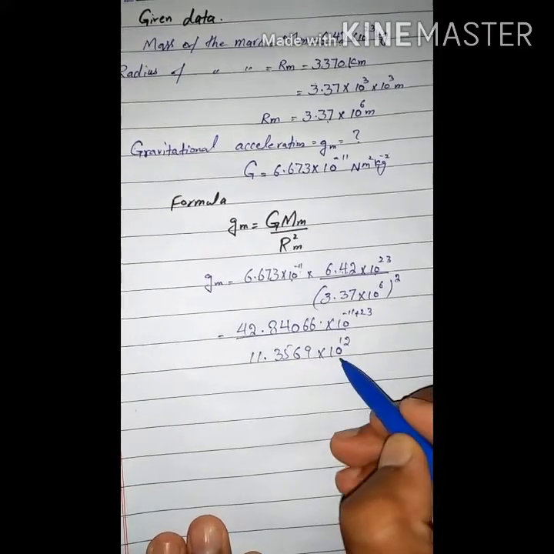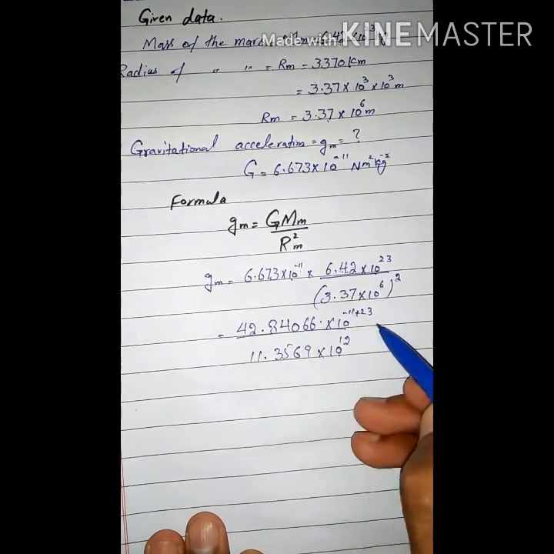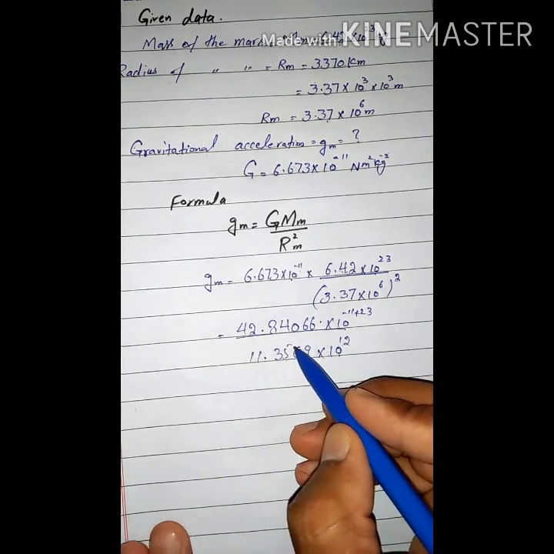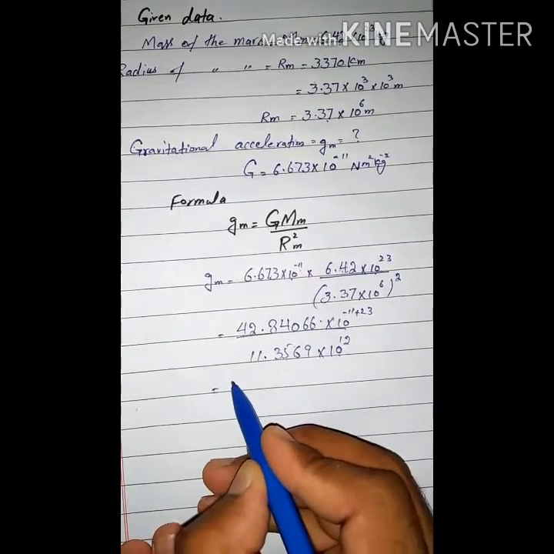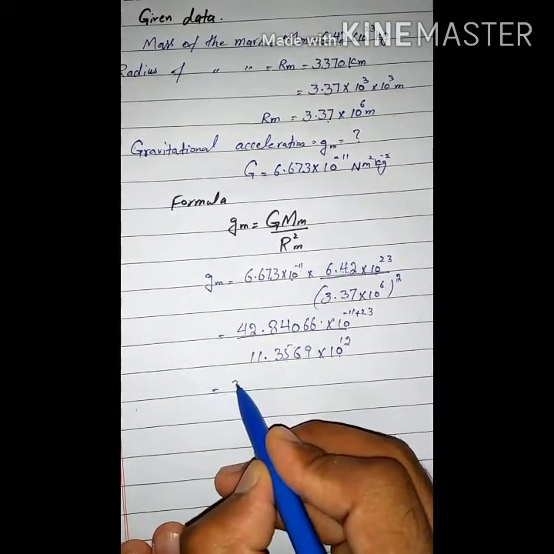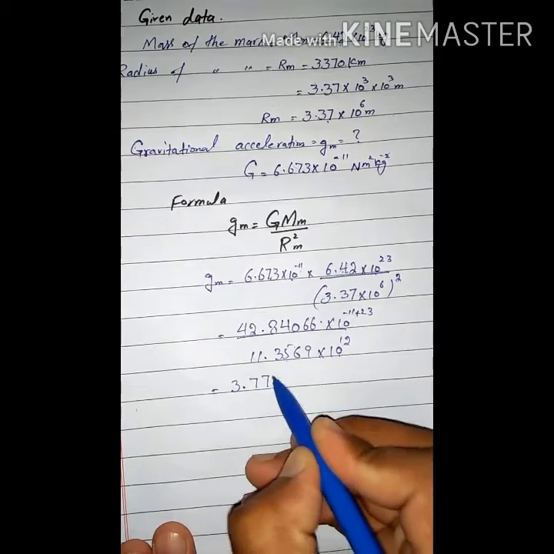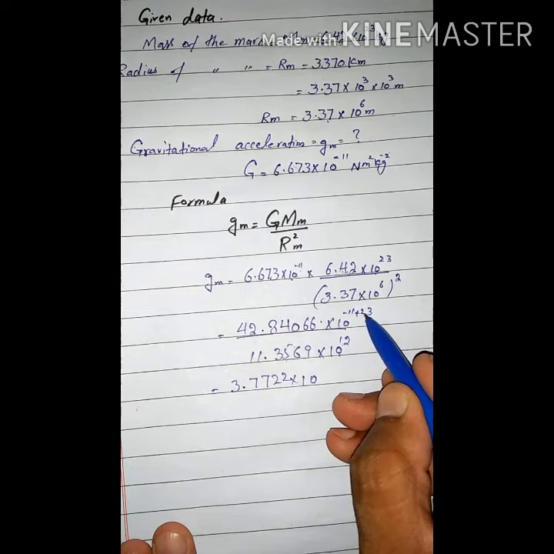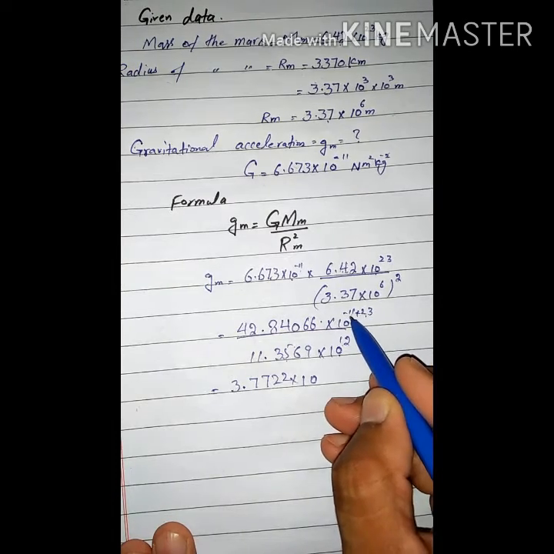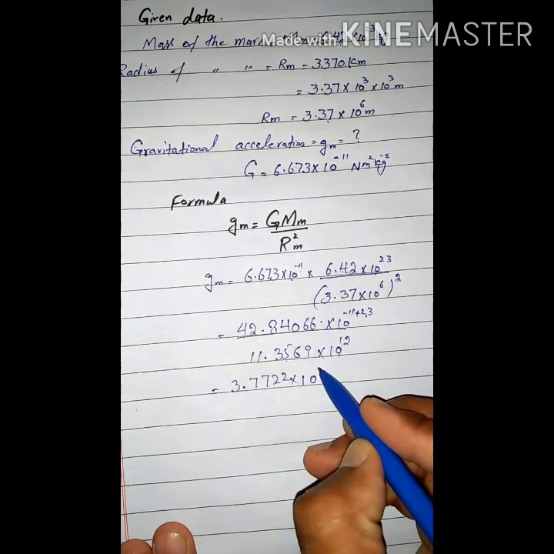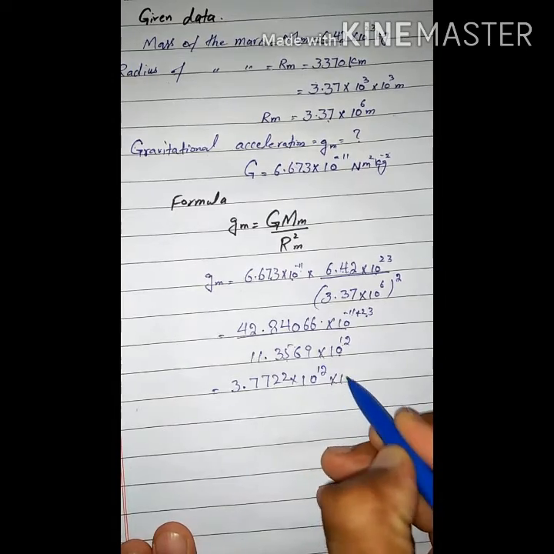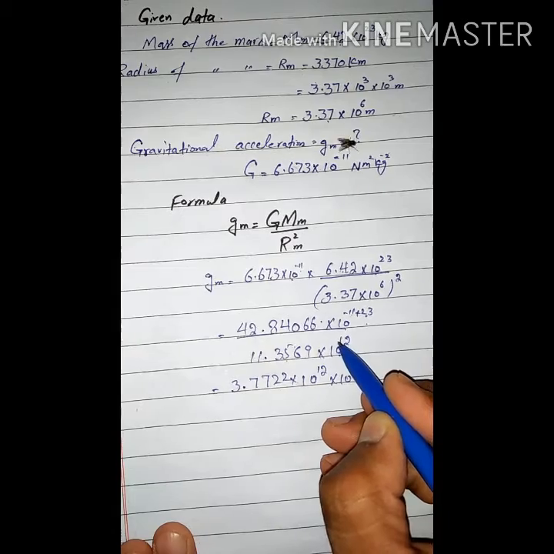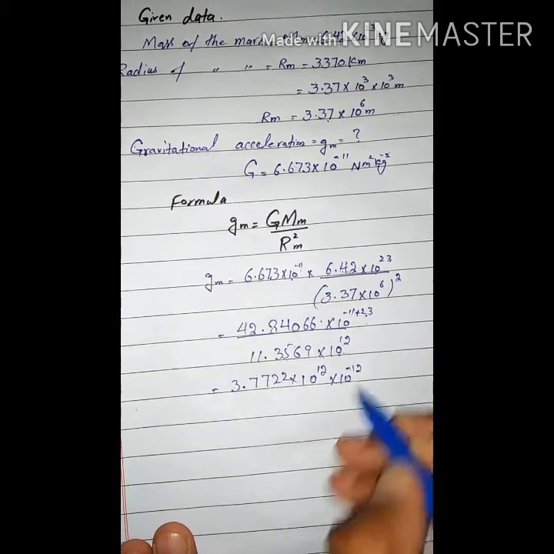Okay, so when we take this power to the upstairs, it will be in the negative form, and these values will be divided, and by dividing these values the answer will be 3.7722 multiplied by 10 to the power 23 minus 11, that is equal to 12. When we take it to the upstairs, the positive value will be changed into the negative.